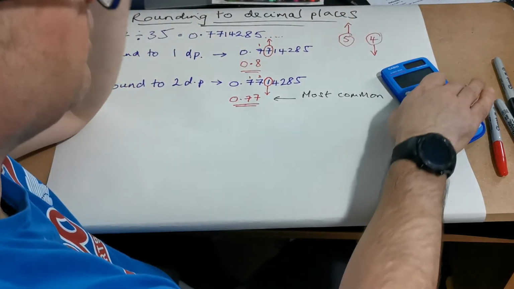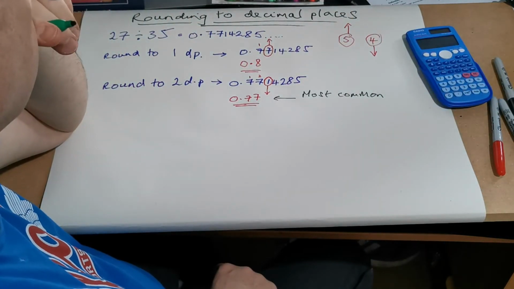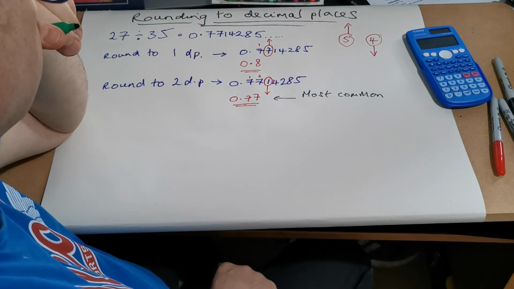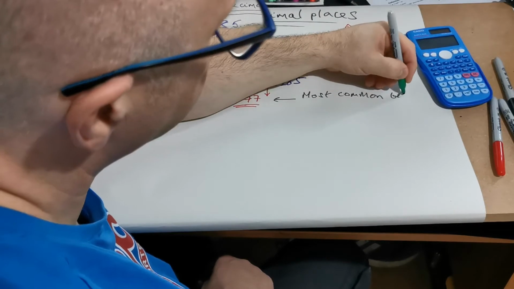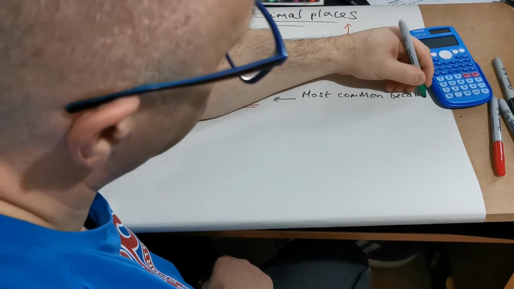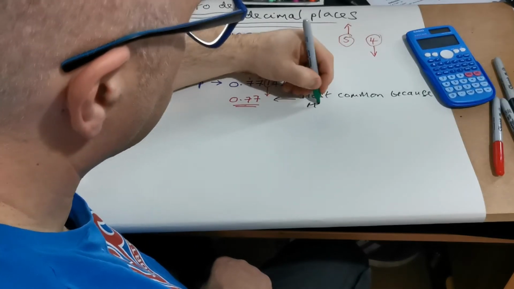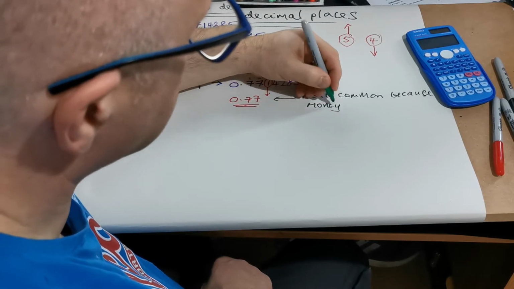Now, 2 decimal places is the most common. And I wonder if you can think why. Well, yes, it's because of money. And money is always given to 2 decimal places.